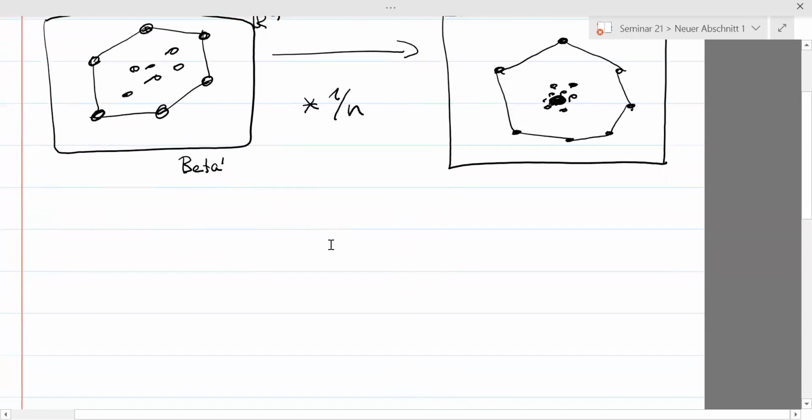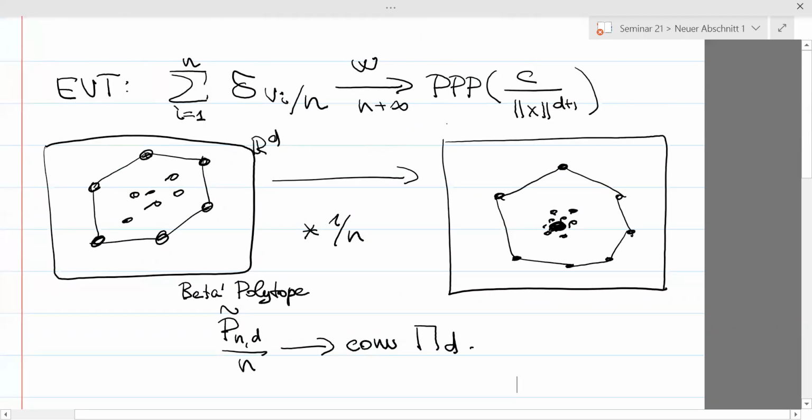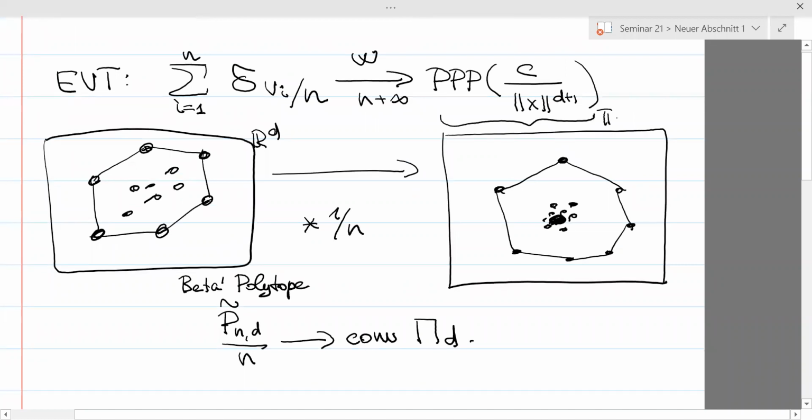So our beta prime polytope, let me denote it by P tilde n,d divided by n, converges in some sense, I don't want to define it, to the convex hull of this Poisson process. So I call this process capital Pi d.